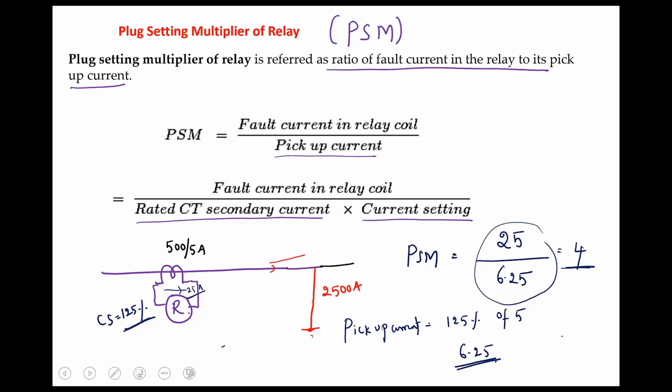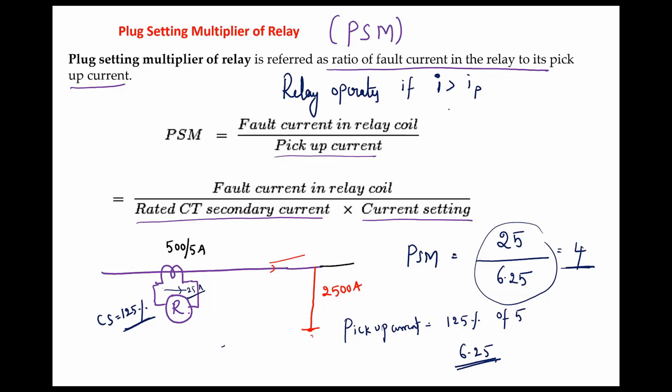Okay. So one more important point which I want to tell you. Relay operates when I is greater than IP. That is, the relay current flowing through the CT or relay, it's the same, is greater than IP.